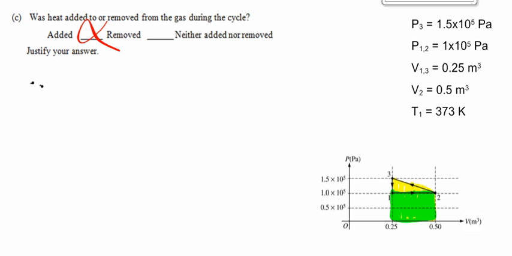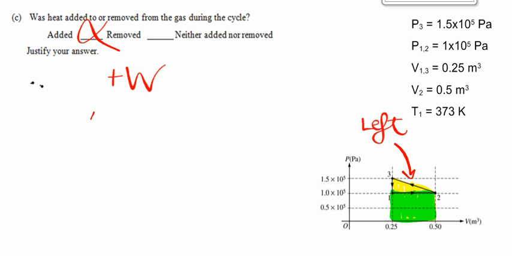How about this? If your arrow is going to the left, as you see in your triangle right here, the arrow is going to the left, that means positive work.